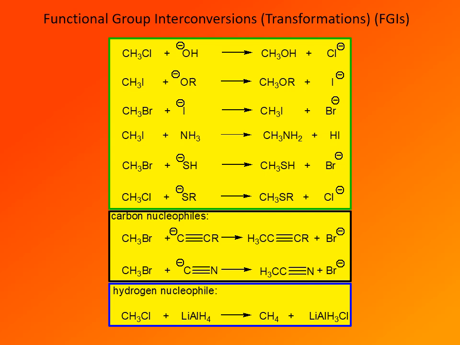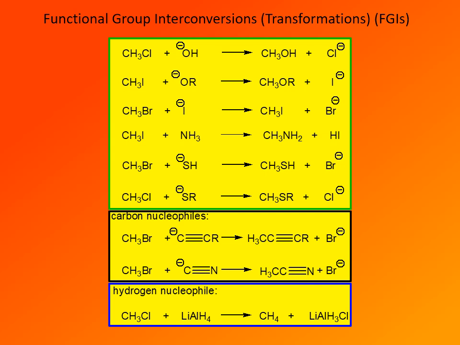They also react with carbon nucleophiles, particularly sp carbon nucleophiles, to form new carbon-carbon bonds. So SN2 reactions could also be used in forming the carbon skeleton, because they are suitable methods to form new carbon-carbon bonds. And finally, they could be used to replace halogen with hydride nucleophile, with H-.